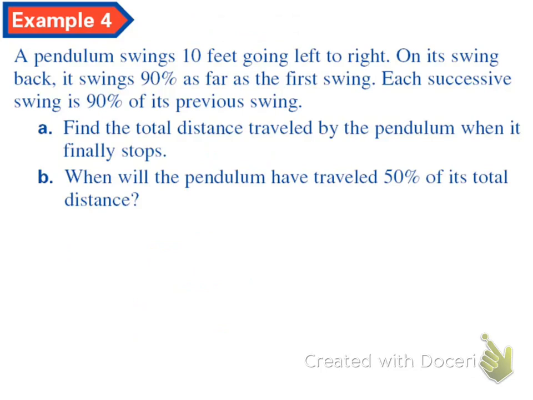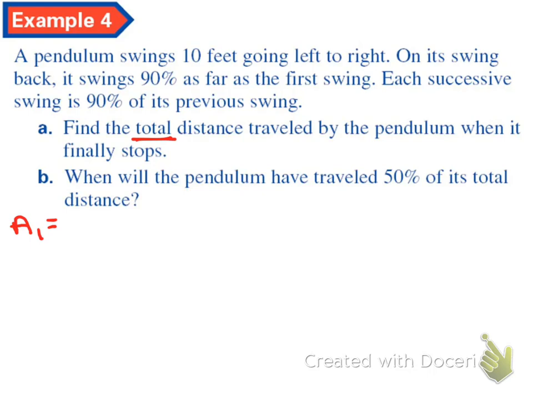Alright, let's look at the word problem. A pendulum swings 10 feet going left to right. On its swing back, it swings 90% as far as the first swing. Each successive swing is 90% of its previous swing. Let's look at part A. We want to find the total distance traveled by the pendulum when it finally stops. This would be an infinite sum. So what we need to know is, what is the first term?